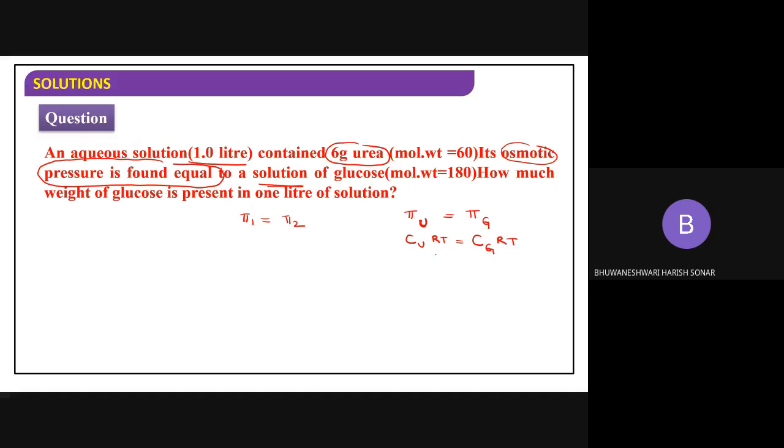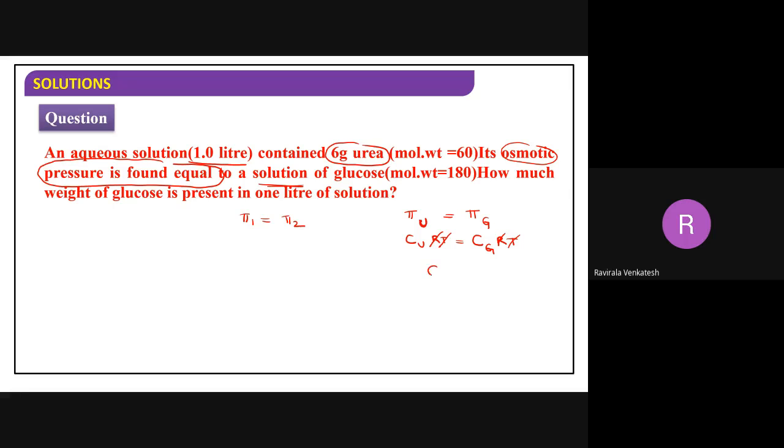Same. Now, R value gets cancelled. Temperature also is the same. Anyway, they mentioned it here; definitely the temperature will be the same, no problem.